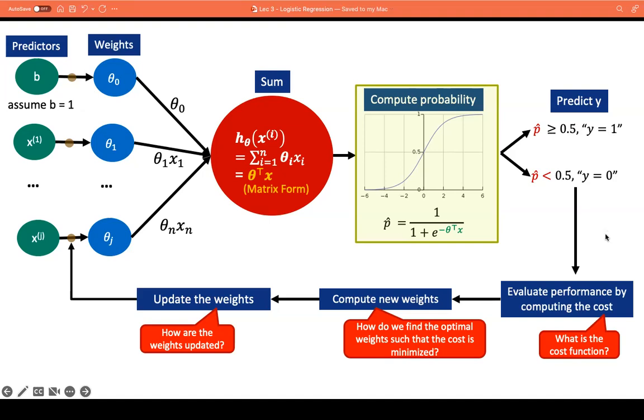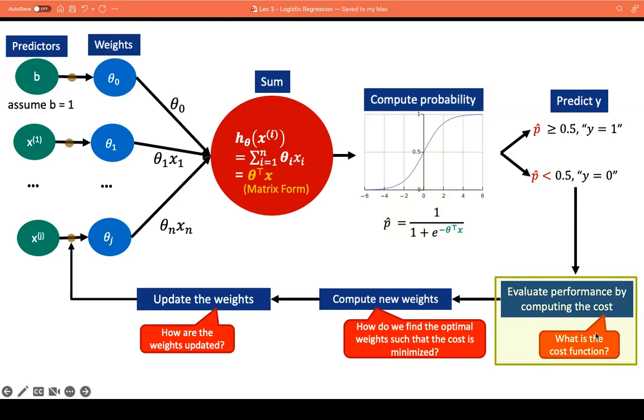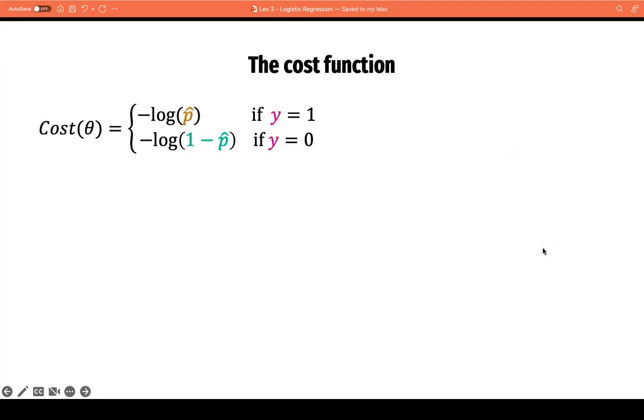Okay. After that, we can now compute the cost function after doing the predictions. So the cost function in logistic regression is called the log loss or the binary cross entropy loss. It is binary because it has two cost functions, one for each category or label. So if the true label is equal to 1, then the cost function is negative log of the estimated probability P hat.